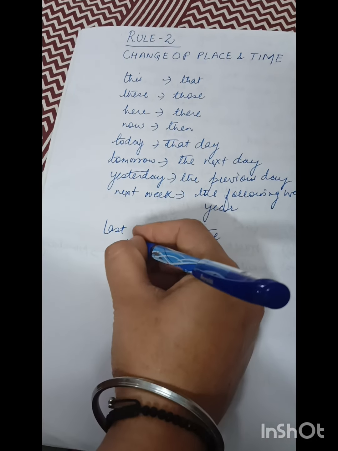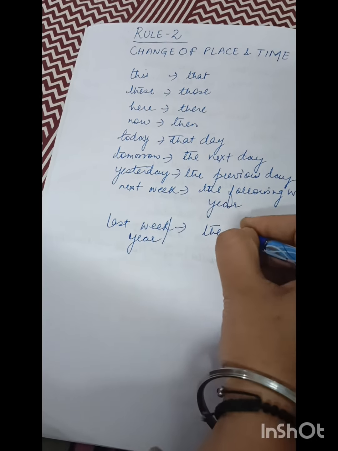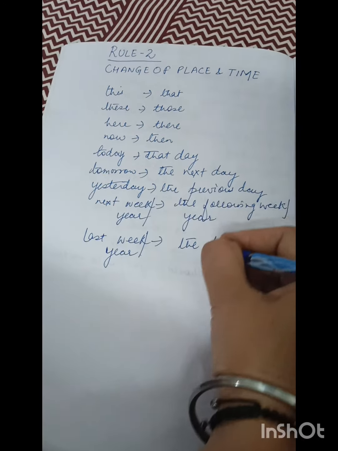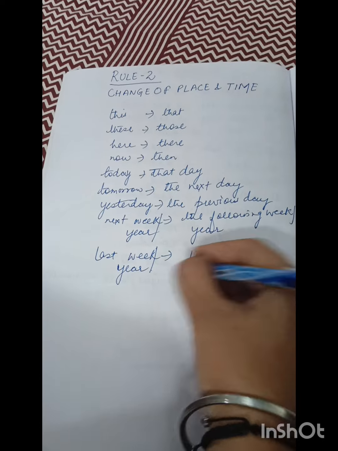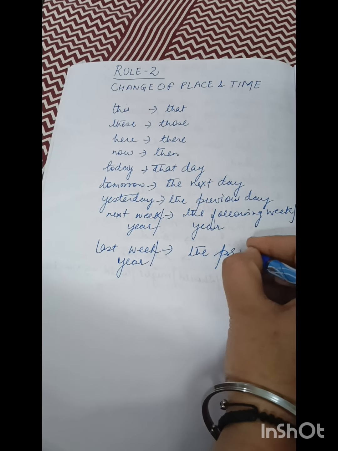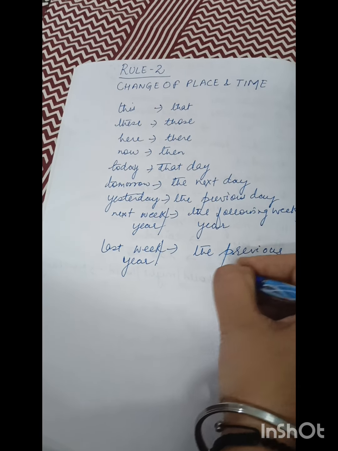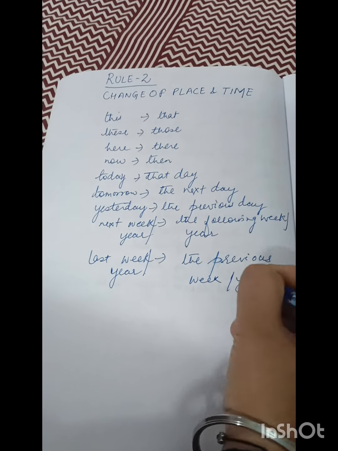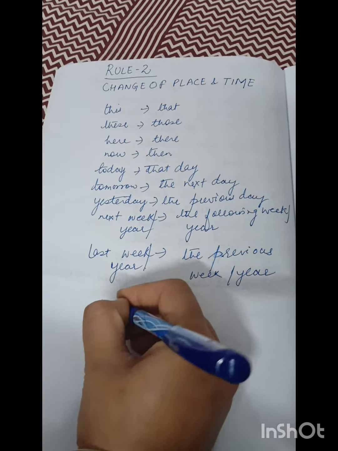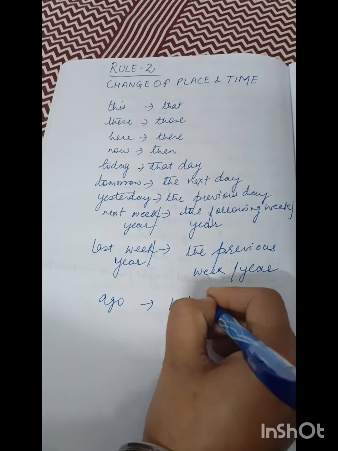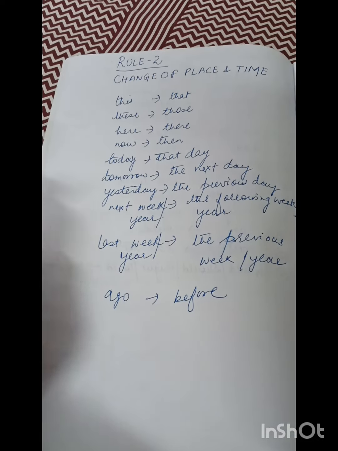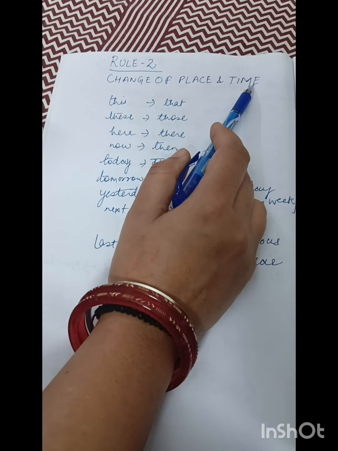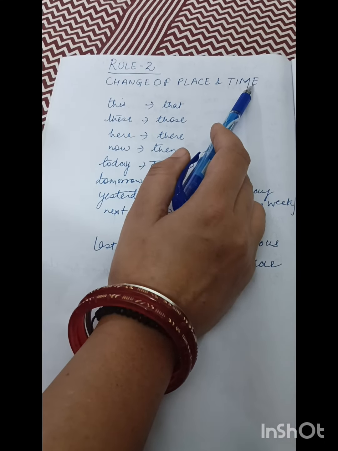Last week or last year, next week or next year. Last week, last year: the previous week. Ago gets changed into before. This is how we can learn the rules of change of place and time. Now let's proceed to rule number 3.